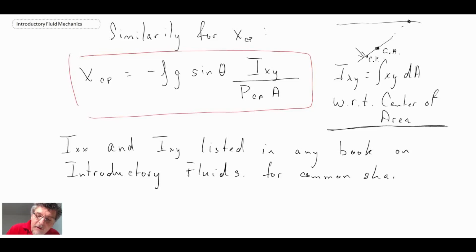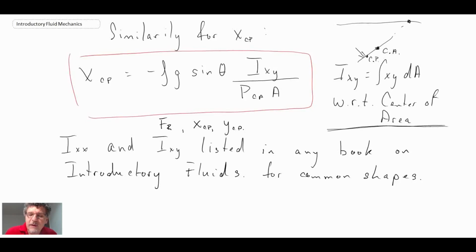So what that concludes is the process of determining, first of all, the force that acts on a planar submerged surface, and then we followed it up by determining, we got Fr to begin with, and then we got XCP and YCP. And what we find is that the center of pressure is different from the center of area.